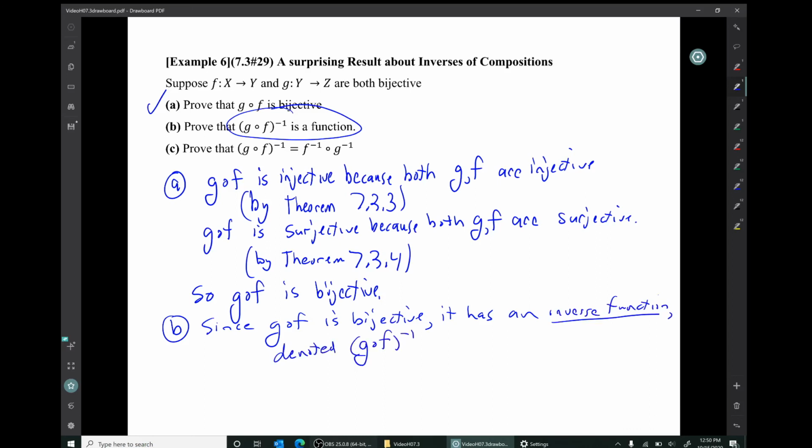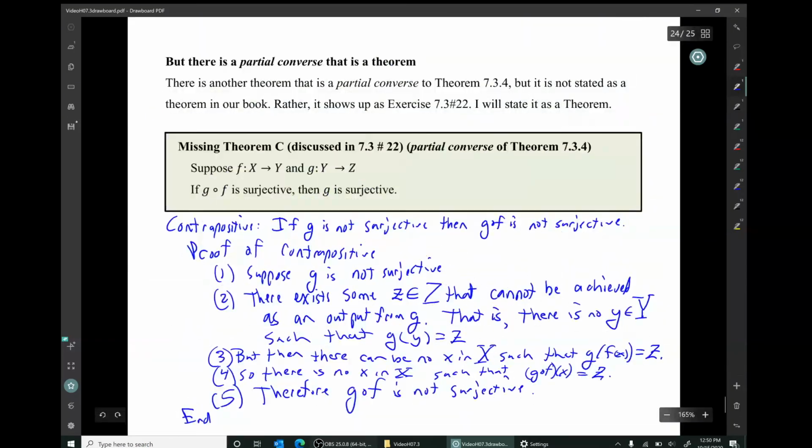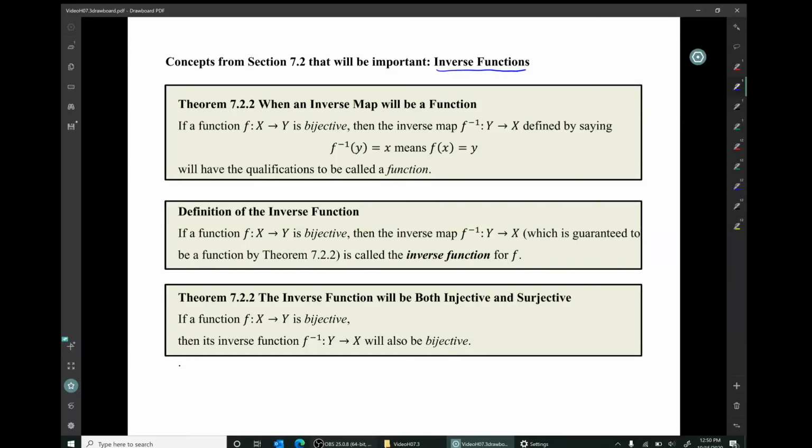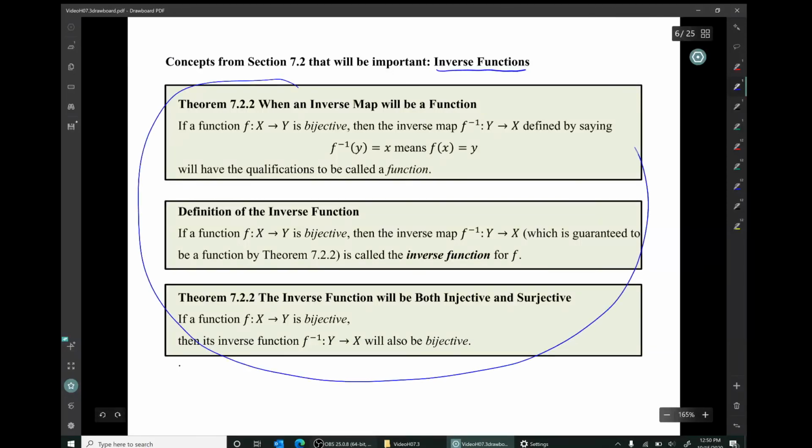Well, since G composed with F is bijective, it has an inverse function, which is denoted G circle F superscript -1. Now, why do we know this? This is one of those theorems from the previous section of the book. Let's go way back to the start of this video. This theorem, 7.2.2, says that if a function is bijective, then it has an inverse function.